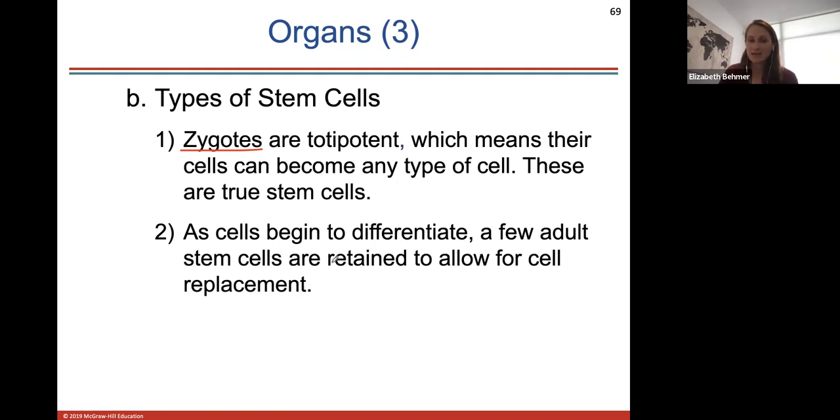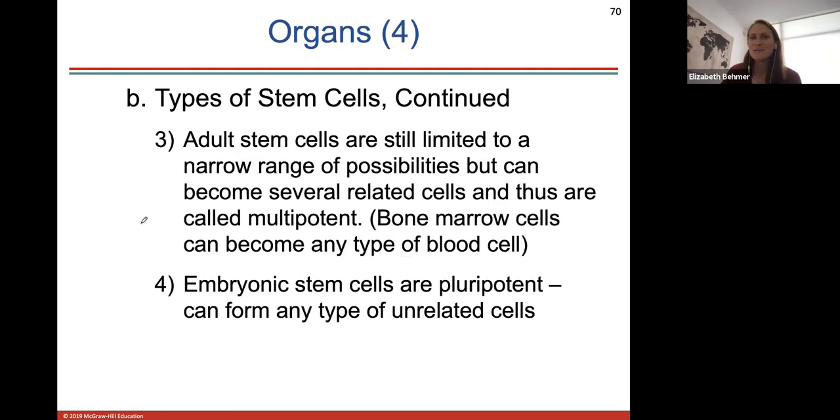And as these cells begin to differentiate or become their specialized type of cell, a few adult stem cells will be retained to allow for cell replacement. Adult stem cells are still limited to a narrow range of possibilities, but they can still become several related cells, and thus are called multipotent.